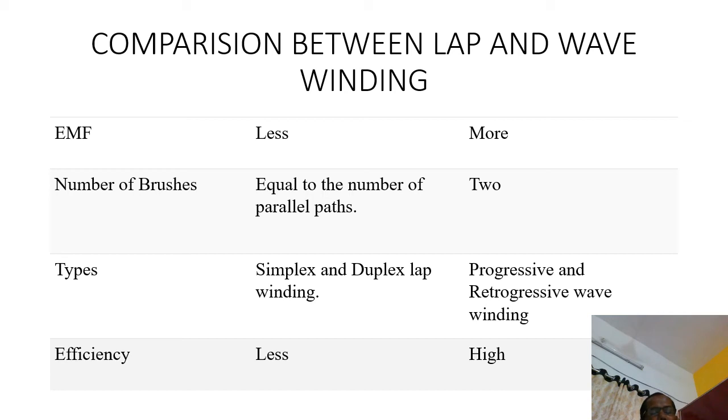Types of lap winding are simplex and duplex lap winding. Types of wave winding are progressive and retrogressive wave windings. We are also discussing the efficiency of lap and wave windings. The efficiency is less in lap winding and high in wave winding.